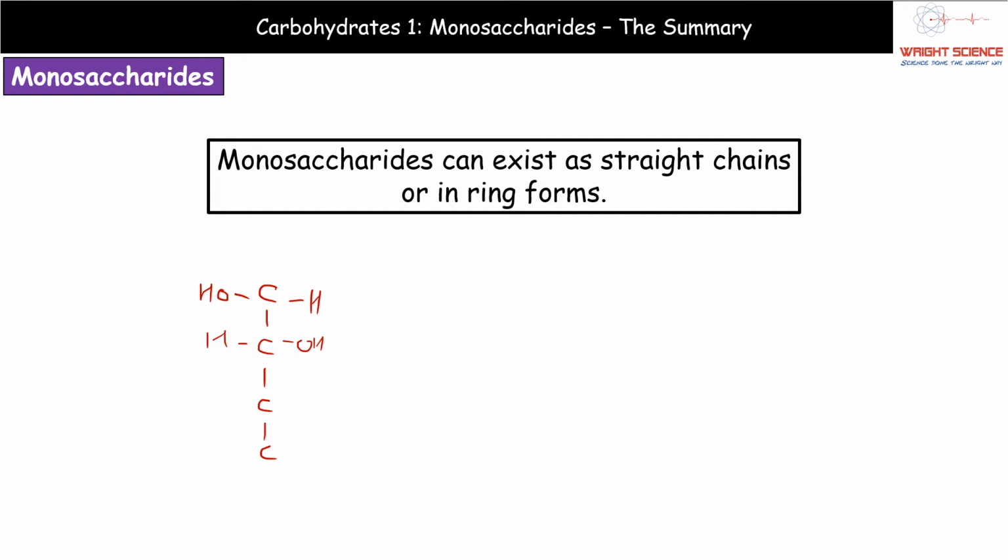Whereas the ring form is where we end up with this little structure, and I'm going to draw just a basic one at this stage, with the carbons all arranged in a little ring. So we've got those two different varieties. You either have the straight chain form or the ring form.